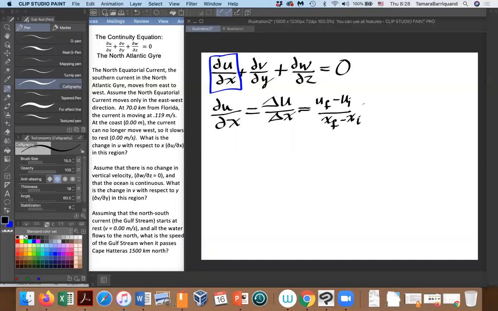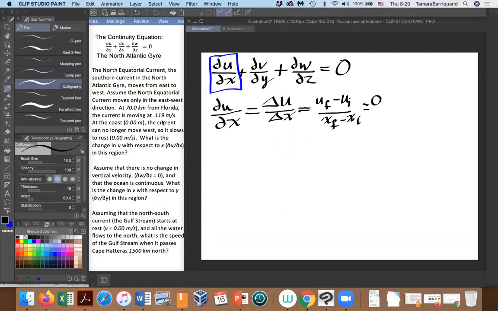If I go back to my problem, I see that my u final is where it comes to rest at 0 meters per second. That's my final velocity when it hits the coast.